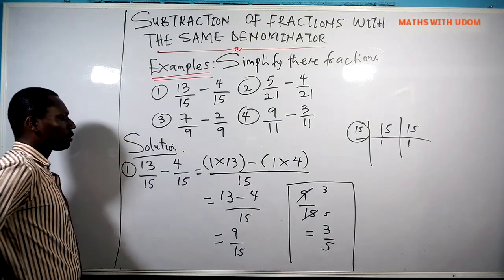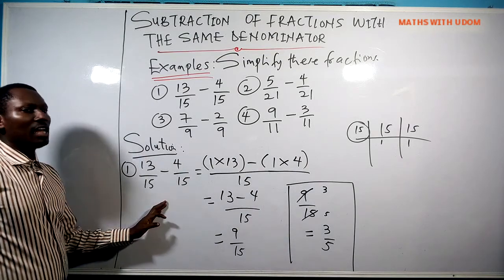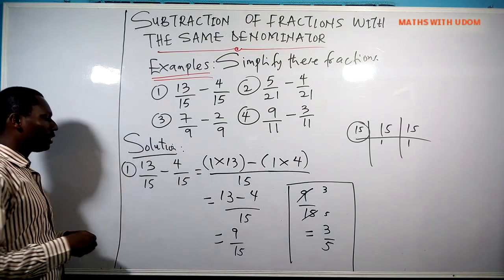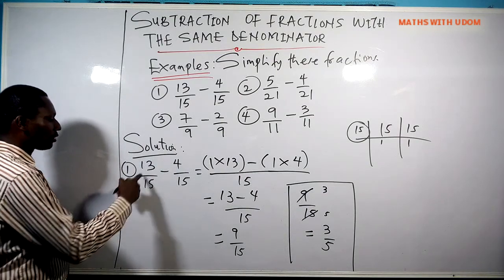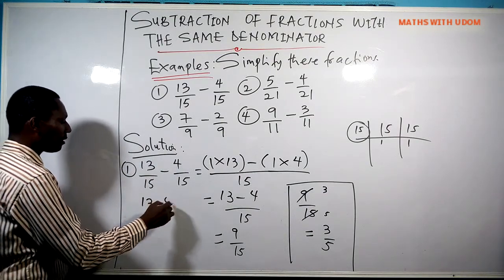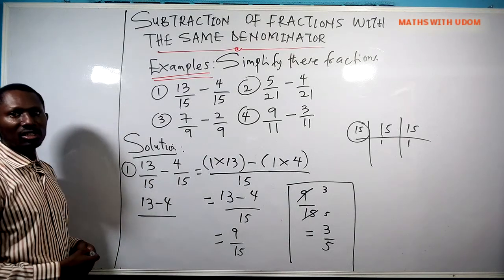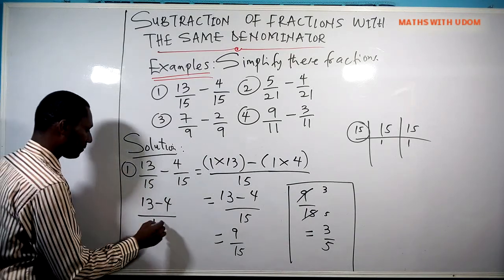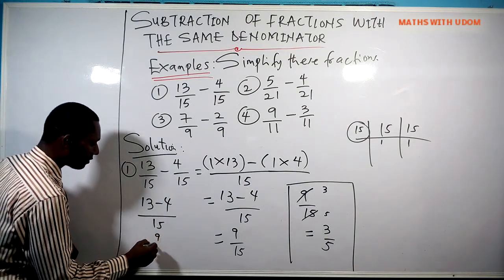Or before example 2, let me teach you the second method on this. Since the LCM are the same, we can subtract the numerators. Method 2: subtract the numerators, 13 take away 4, and place your result over one of the denominators, 15. So 13 take away 4 will give us 9 over 15.